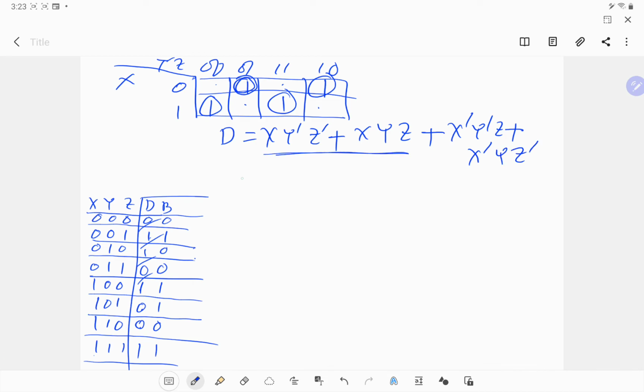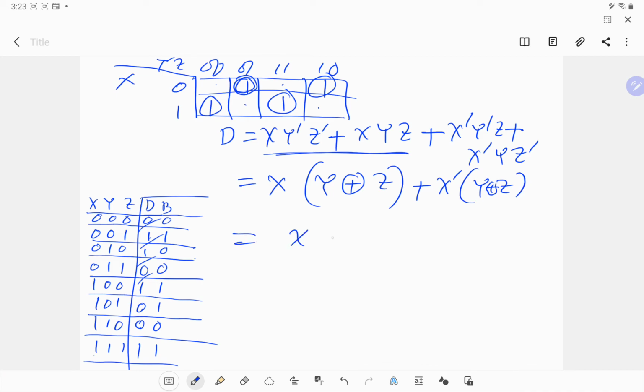For the first two terms, we have X Y Z, and then we have X prime Y Z. Actually, we find X exclusive OR Y exclusive OR Z. So we can put a bracket here if we want. So this is the equation for difference.